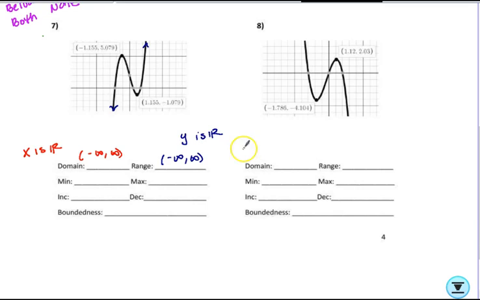The minimum, never infinity or negative infinity. But this point here has a y value of negative 1.079. And this point here has a maximum, a y value of 5.079.